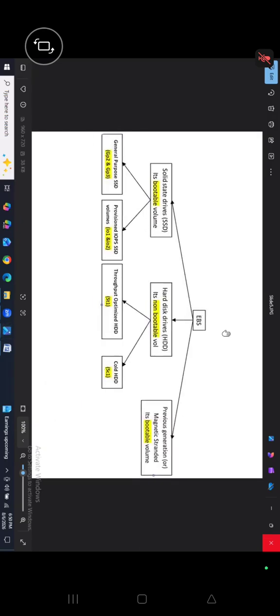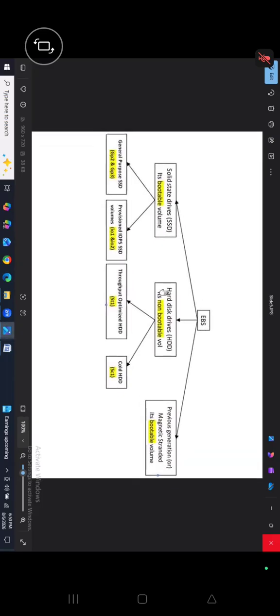So let's see here. Coming to EBS types, we have three types of EBS volumes. One is SSD, another is HDD, and the previous generation or magnetic standard, whatever you want to call it.